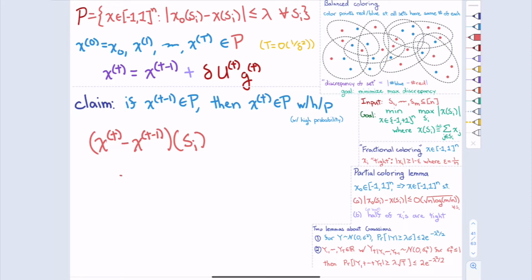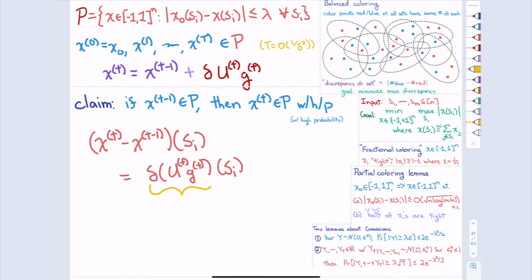This was equal to our delta times u, annotated by the step, Si, so to speak, using the same notation.